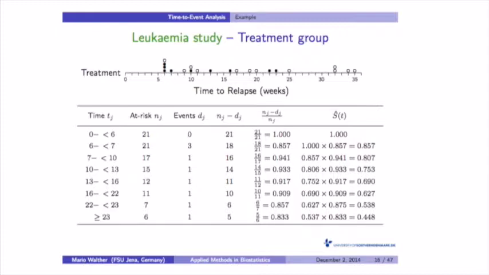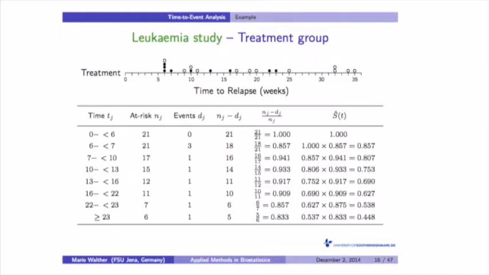So the survival probability at time point 0 is 1. So we can calculate the survival probability of being event-free up to the first week, which is the same as the survival probability for time point 0, because no event occurred at this time. Then it is interesting to consider the time point 6 weeks, because this is a time where events occur.